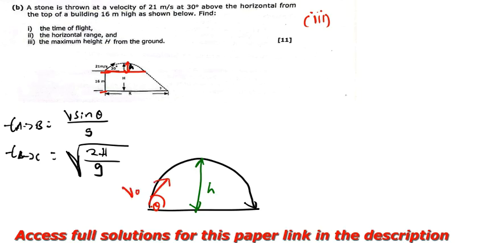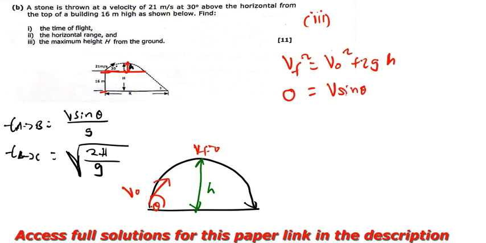So the third equation is going to work: V final squared is equal to V initial squared plus 2gh, because h is now d. One thing we should note is that when it reaches the maximum height here, the final is 0. So this guy is 0. Now this initial, since we are talking about the y component, it's going to be Vy, which is V sine theta, but it is squared. Now g will be negative, meaning this is going to be negative now, like that.